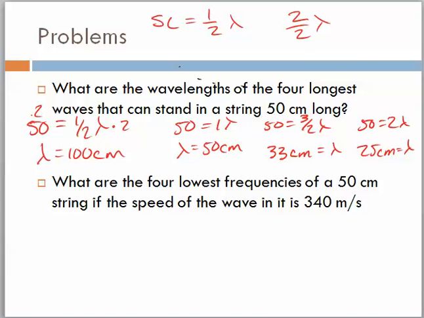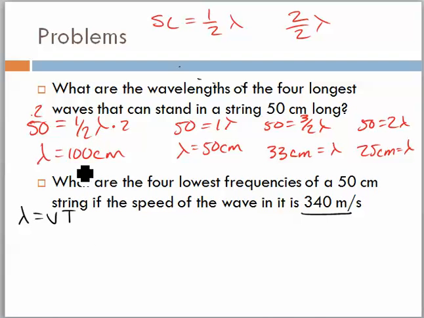So now that we've discussed that, let's go ahead and look into answering the bottom question here. What are the 4 lowest frequencies of a 50 centimeter string if the speed of the wave is 340 meters per second? Well, we have learned that our wavelength equals velocity times the period. So what we're going to do is put these wavelengths in here. We're going to put this velocity in here and solve for these periods.